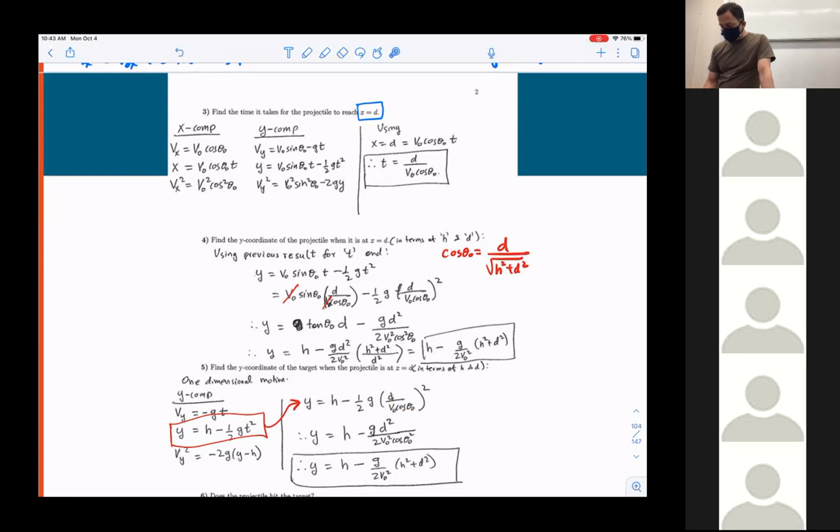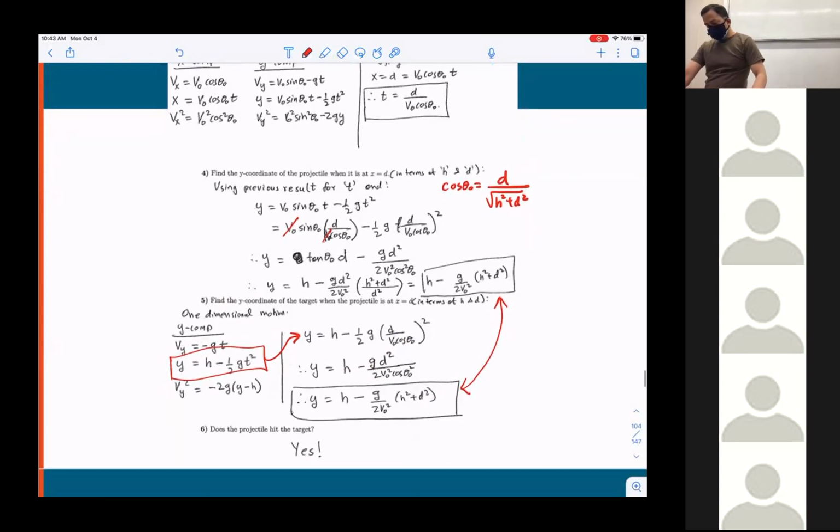And therefore you end up with h minus gd squared over 2 v naught squared cosine theta naught squared. Holy crap, that is exactly the same as this right here. So in fact, the two will hit.